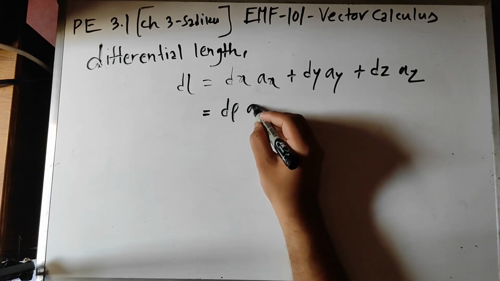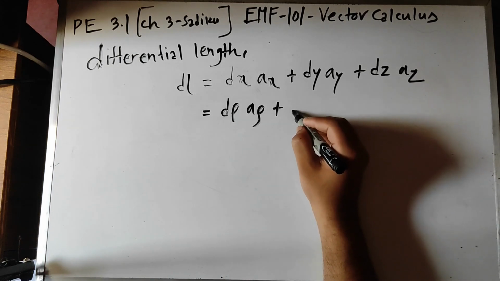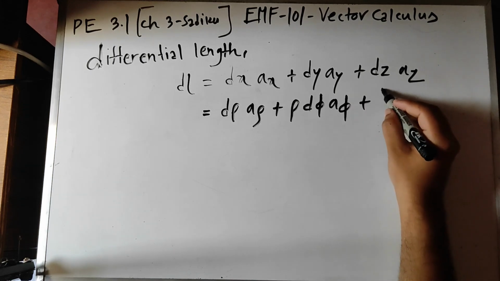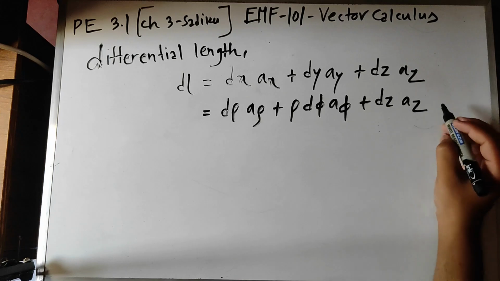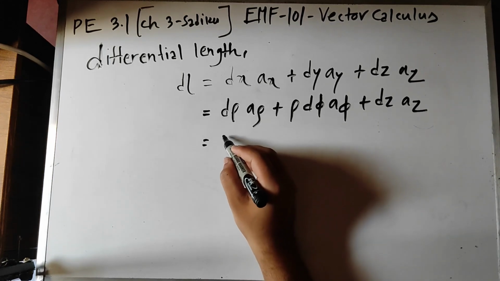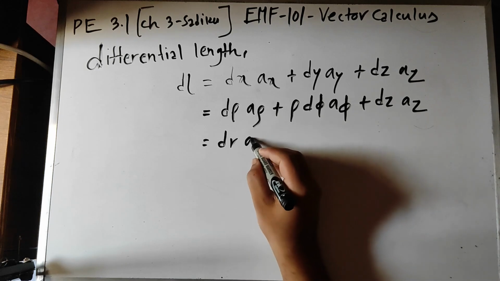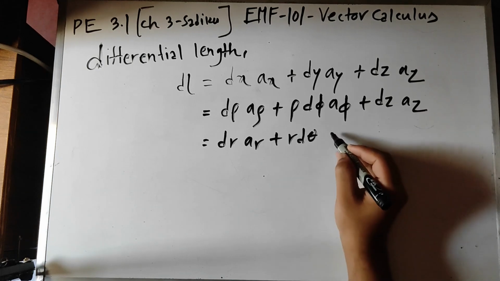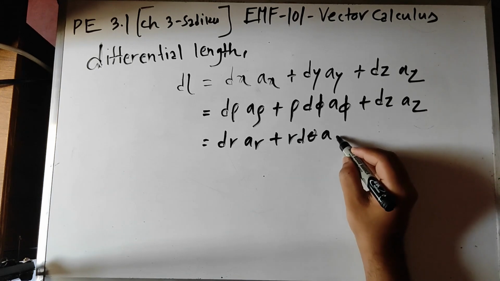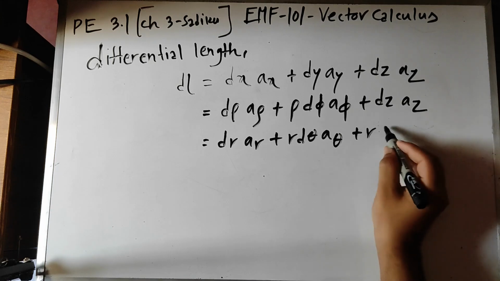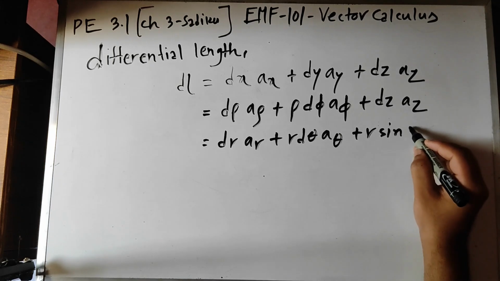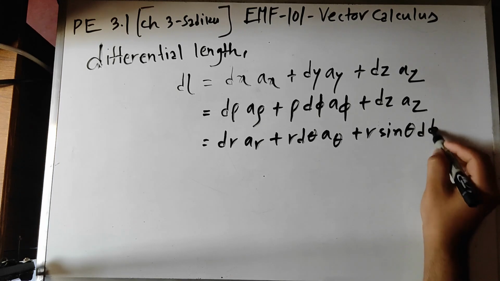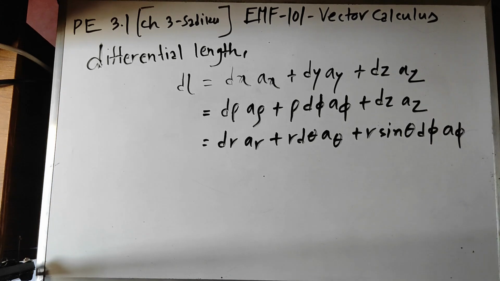In cylindrical: d rho in the direction a rho plus rho d phi in the direction a phi plus dz in the direction az. And in spherical: dr in the direction ar plus r d theta in the direction a theta plus r sine theta d phi in the direction a phi.